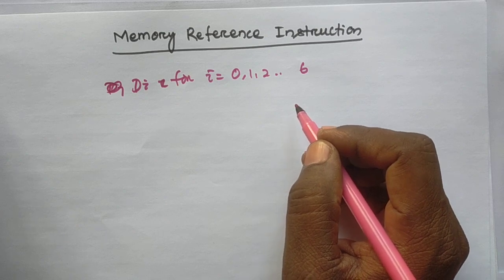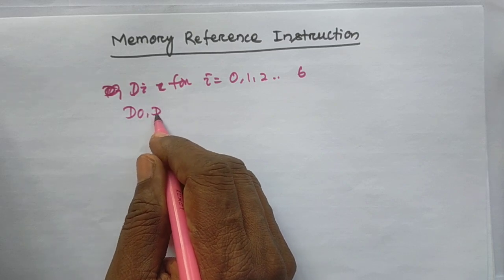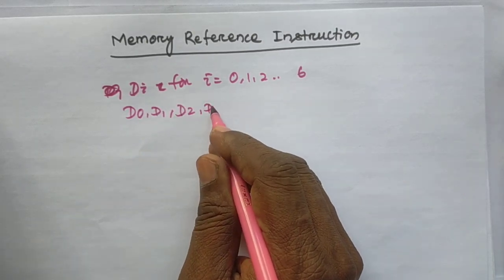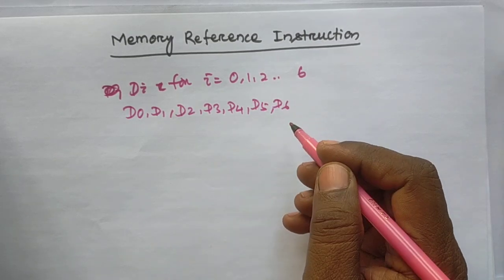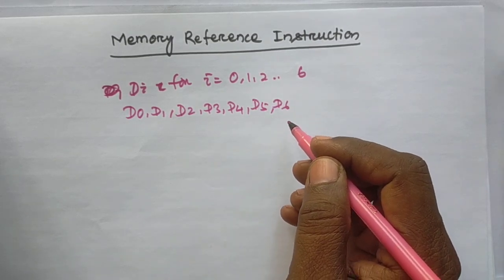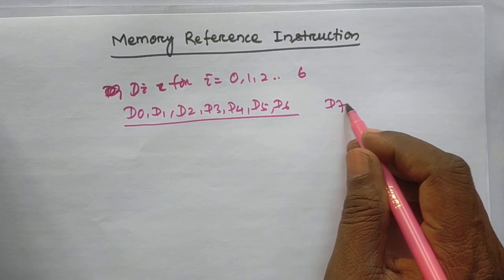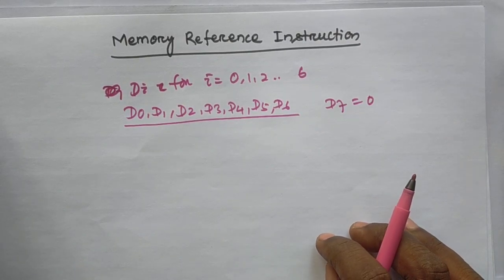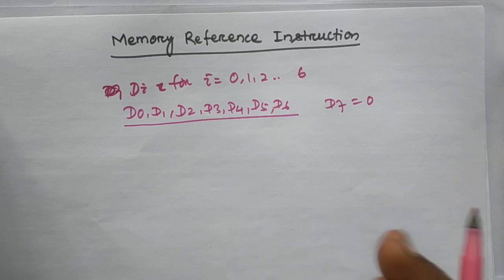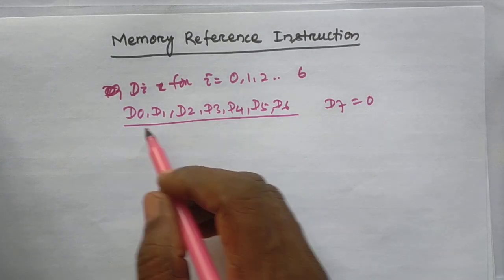If we go through D0, D1, D2, D3, D4, D5, D6, since it contains D0 to D6, that means D7 here is 0. Whenever I define register reference or memory reference, it is different: D7 is 0 here, and we count D0 to D6.